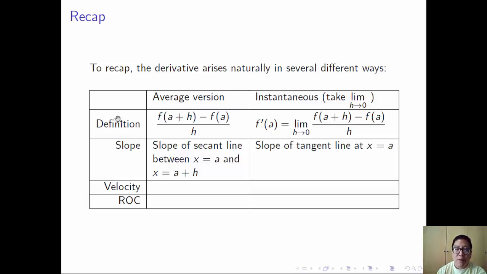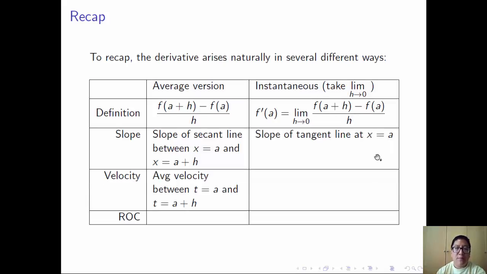Remember, because the derivative is a number, it's important to remember this. People always get confused about this. Because the derivative is a number, the corresponding idea in terms of slope is the slope of the secant line between x equals a and x equals a plus h for the average version, and the slope of the tangent line at x equals a. So remember, the derivative is a number, and so it can be interpreted as a slope.